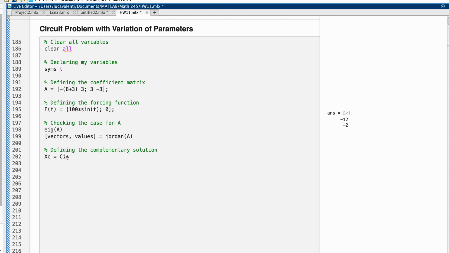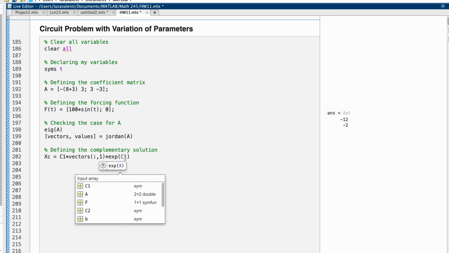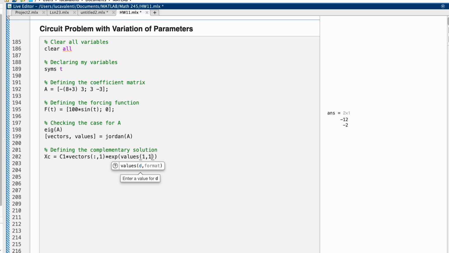So I multiply by the constant C1, a generic constant, multiplied by the vectors. Here this is going to be a matrix, so I want the first column of that matrix multiplied by the exponent of the values, and I want the first row, first column of that matrix times t. And that's going to be our first solution.